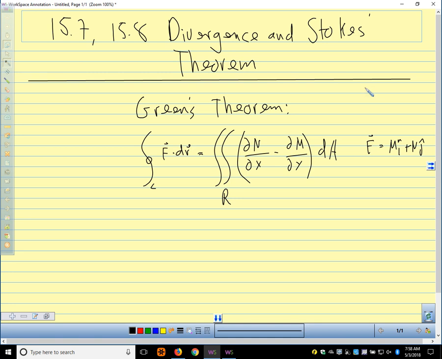So in Calc 1, the integral between two real numbers is the antiderivative evaluated at the endpoints, at the ends of the interval. So Green's theorem is really telling us the same thing. Some quantity integrated over an area is some related quantity evaluated on the boundary of that area.